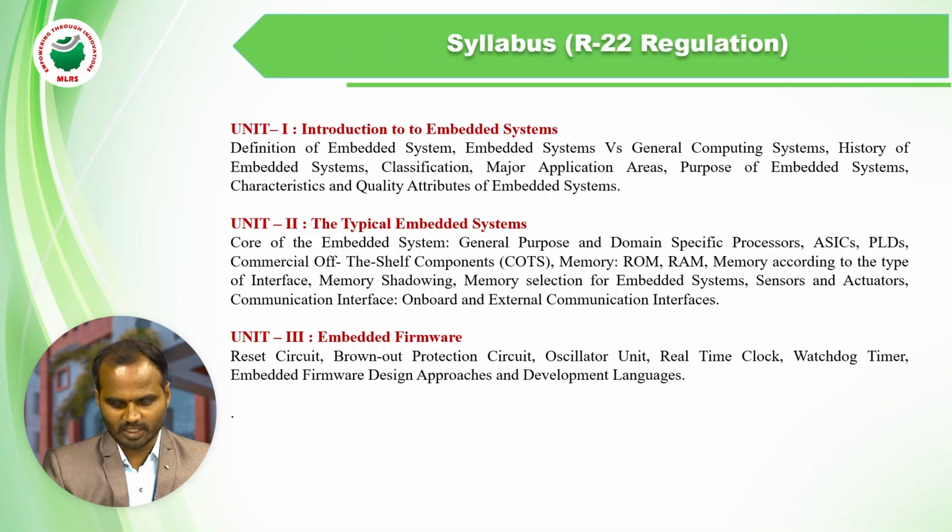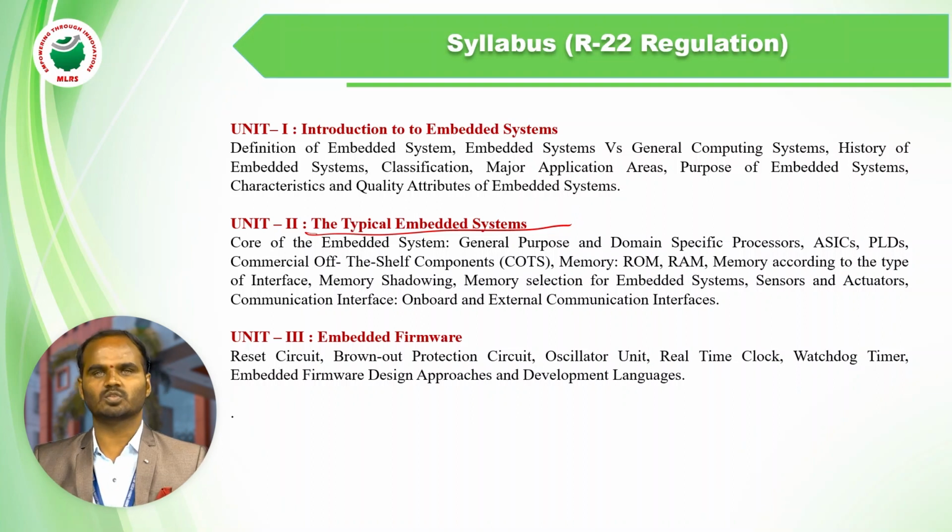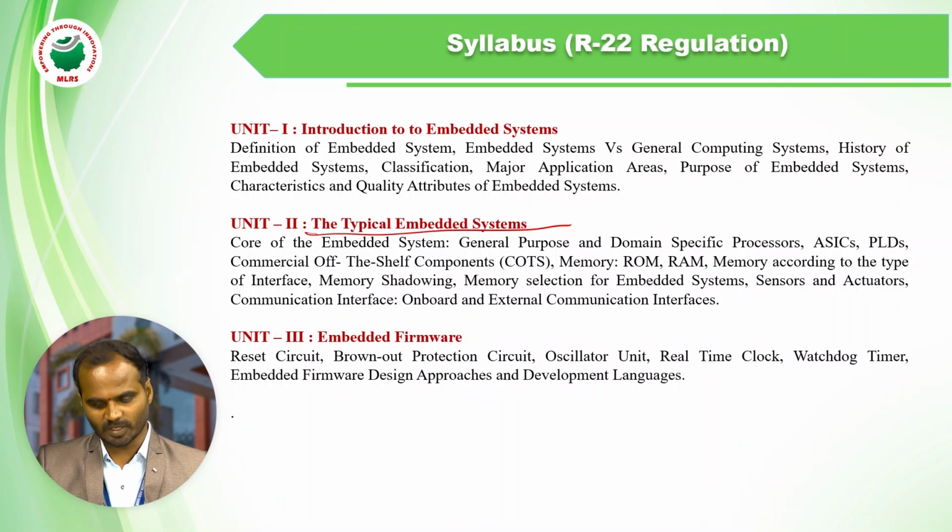Coming to typical embedded systems, that is unit 2. In this unit 2, we are going to discuss the core of the embedded system. Like previously we said, general purpose versus embedded systems. Here we are going to discuss general purpose and domain specific processors we are using in these embedded systems: ASICs, application specific integrated circuits, PLDs, programmable logic devices, and commercial off the shelf components, that is COTS.